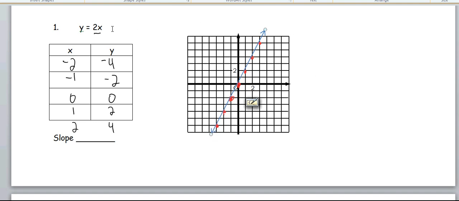Alright, so what we're looking at now is vertical change over horizontal change between any 2 points. So let me use blue, and as I move from the left to the right, I can pick any of these points, and I'll look. To go from this point here, and I'm going to color this one blue, to this point here, okay, there we go. To go from there, I start on the left, I'm going to go up 2, so my vertical change is 2.